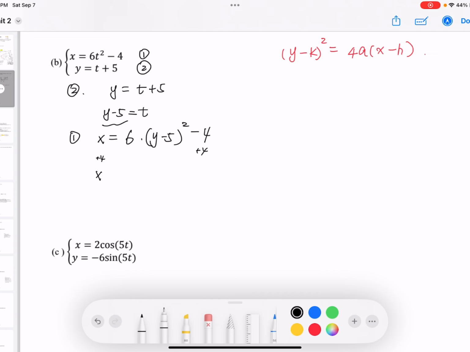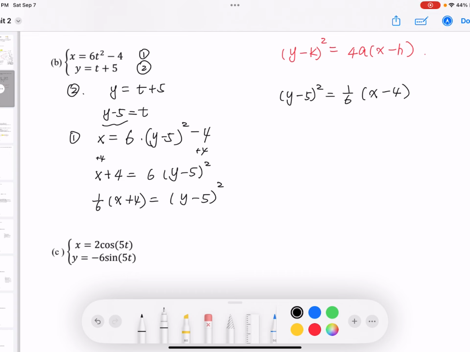We have x plus 4 is equal to 6 times (y minus 5) squared, divided by 6 on both sides, so 1 over 6 times (x plus 4) is equal to (y minus 5) squared. Now I can put the y part on the left-hand side: (y minus 5) squared is equal to 1 over 6 times (x plus 4).